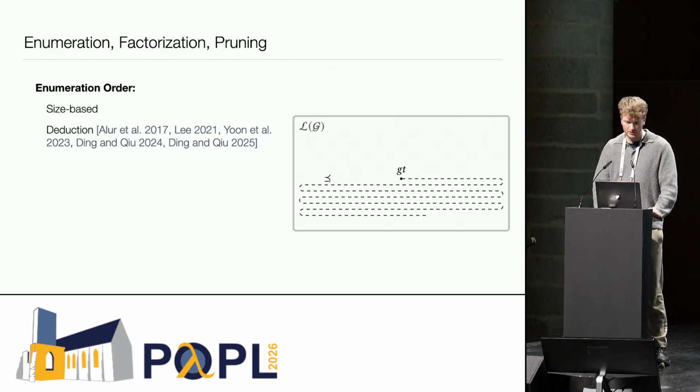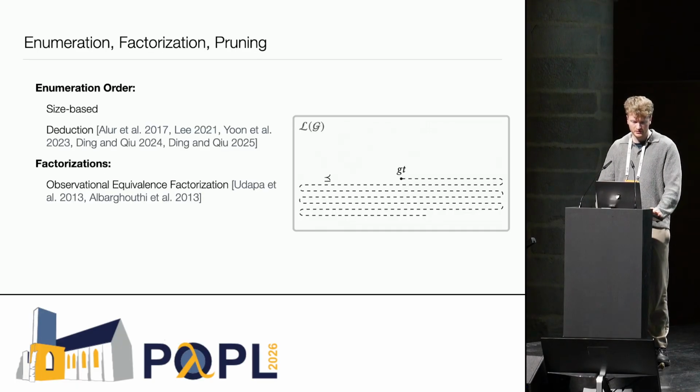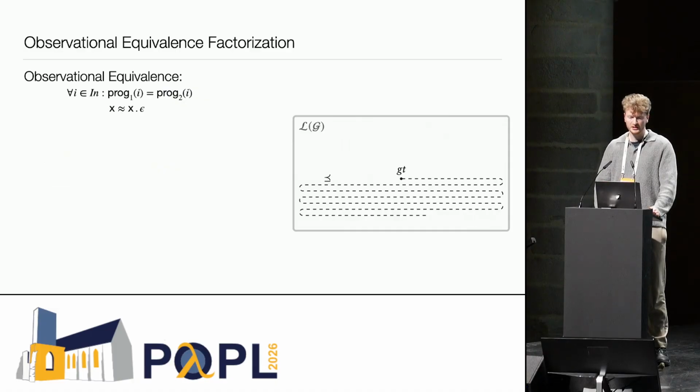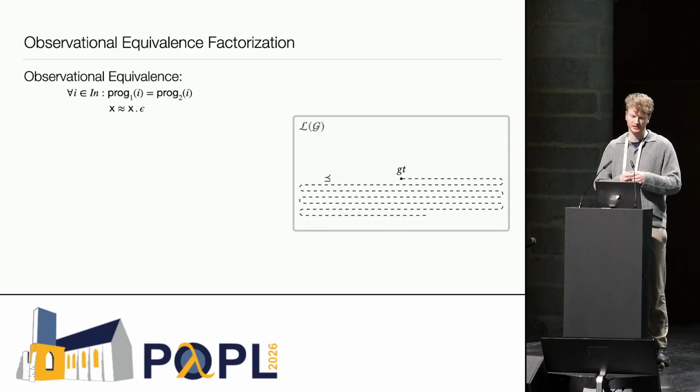Now the second thing that existing approaches do is they have a way to factorize the search space. Now, the first approach that was done towards this is the observational equivalence factorization, which was applied in 2013 to synthesis. And this states that 2 programs are observationally equivalent if they behave the same on the given input examples. So program 1 and program 2 are equivalent if they have the same output on the given input examples.